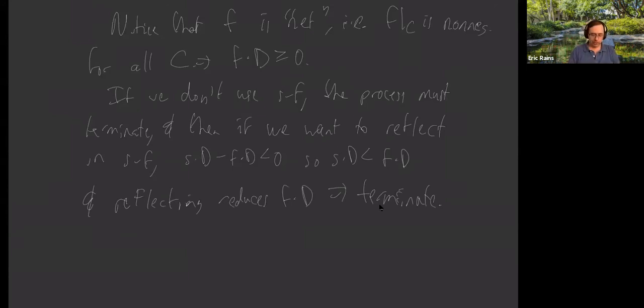And so in particular, we see that any -2 curve is a simple root for some blowdown structure.